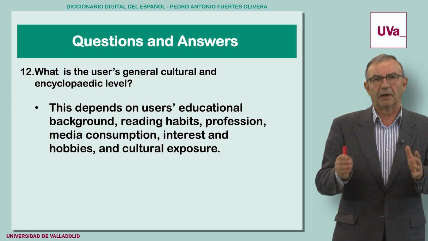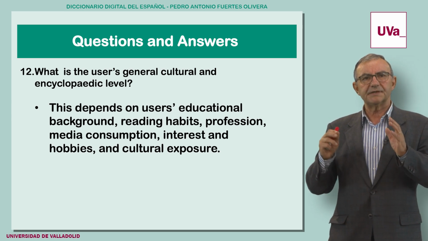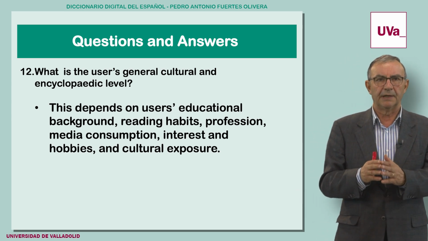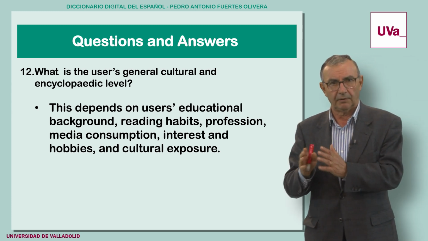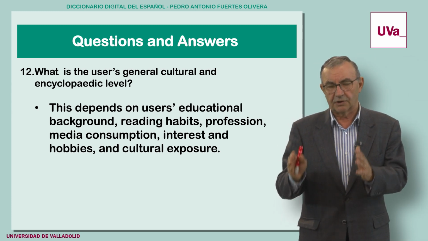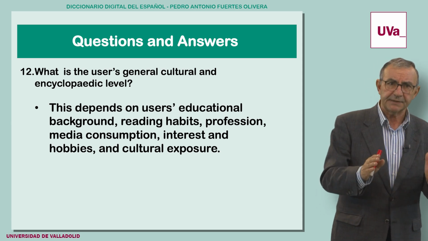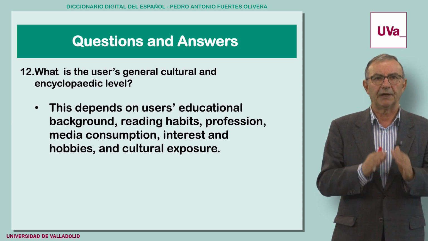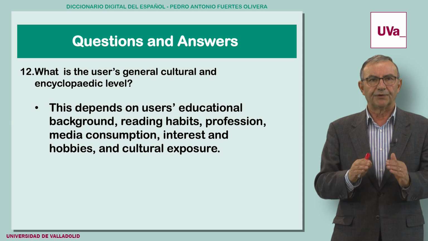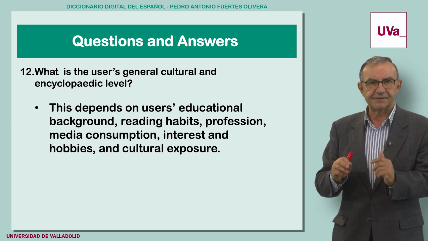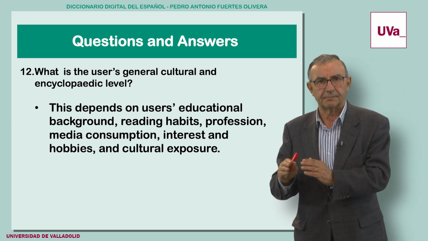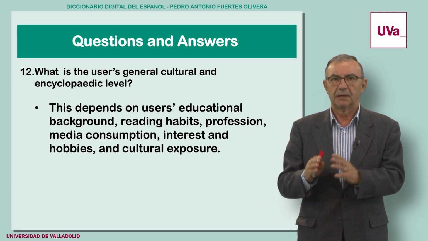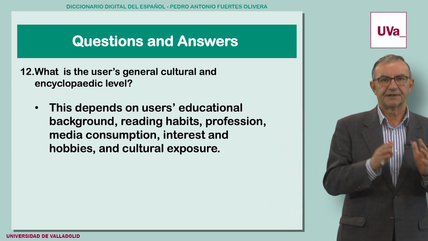Question number 12. What is the user's general cultural and encyclopedic level? As always, this depends on users' educational background, reading habits, profession, media consumption, interests and hobbies, and also cultural exposure.